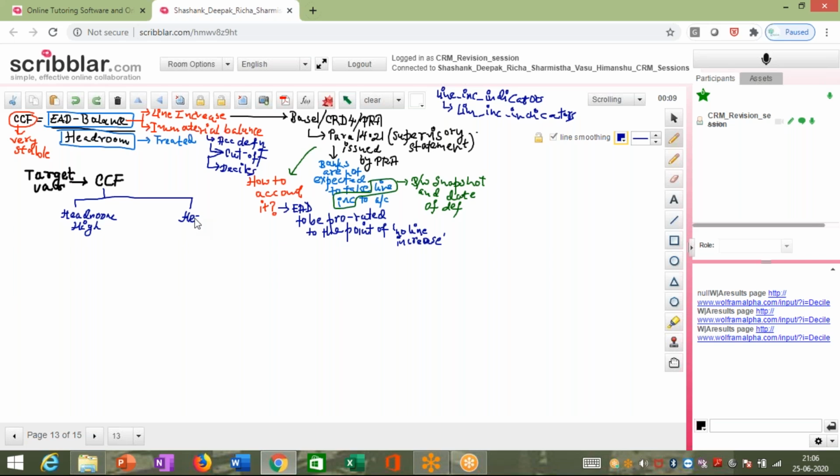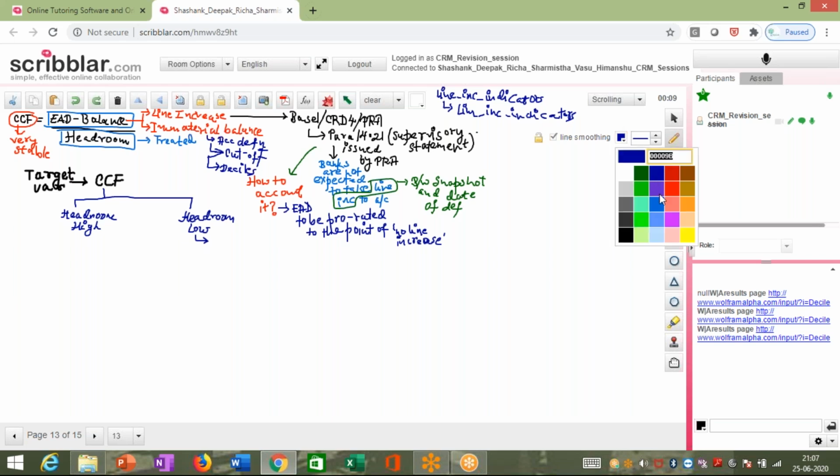When I say the headroom is low, these two pertain to the two alternate definitions of the CCF. If the headroom is relatively low, then the second definition of CCF is to be used.